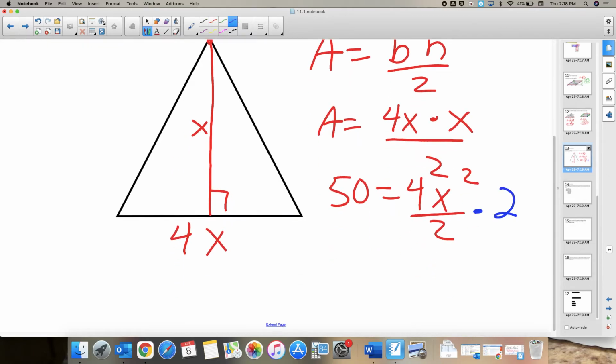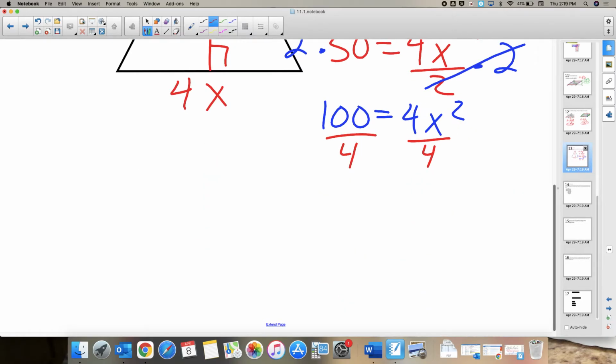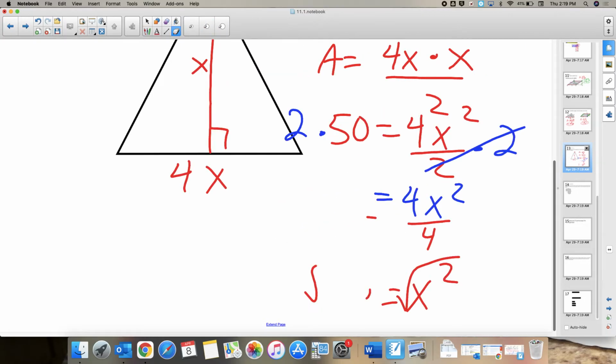To solve my equation, first thing we got to do is multiply both sides by 2 to get rid of my divided by 2. So we have 100 equals 4x squared. Next step, we'll divide by 4. So we have x squared equals 100. And finally, we take the square root of each side. Oh, I'm sorry. Correct, divide by 4. 100 divided by 4 is 25, not 100.